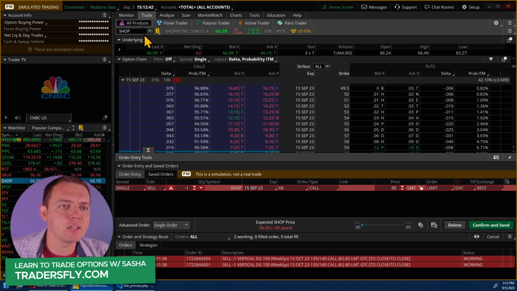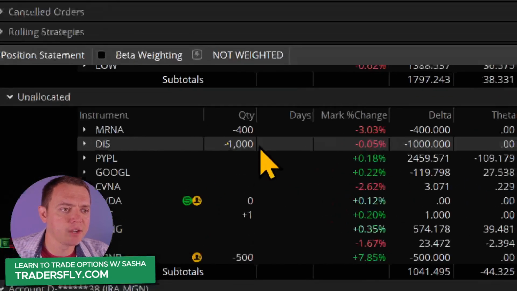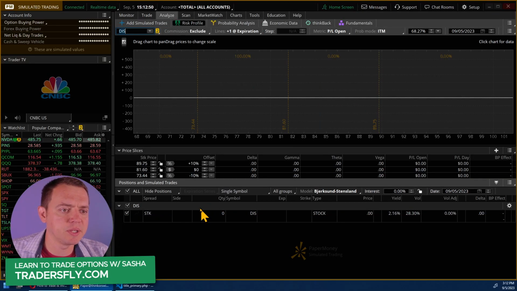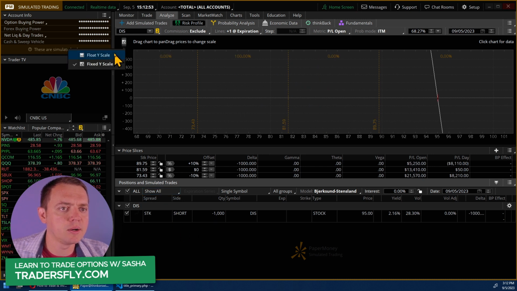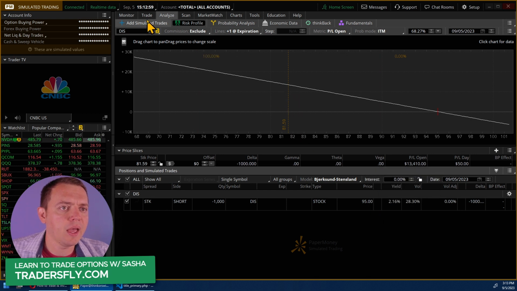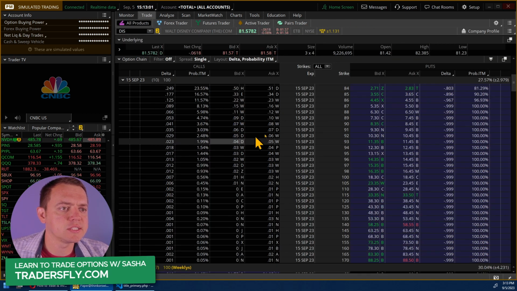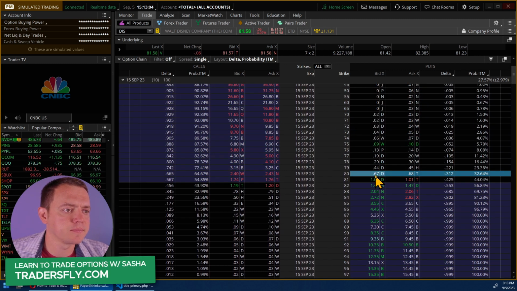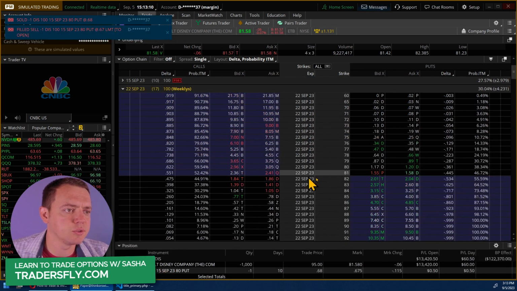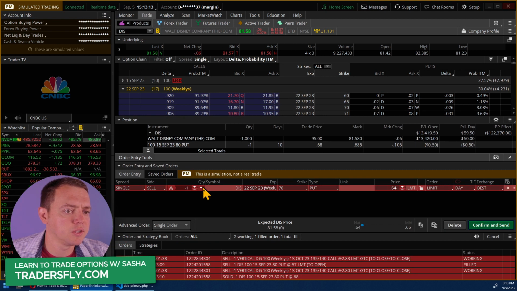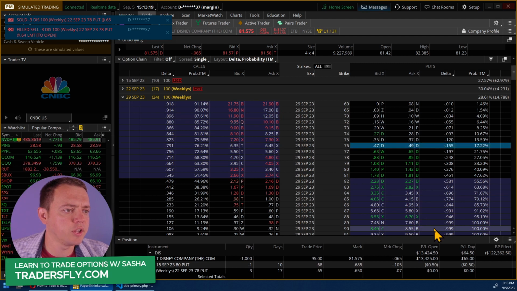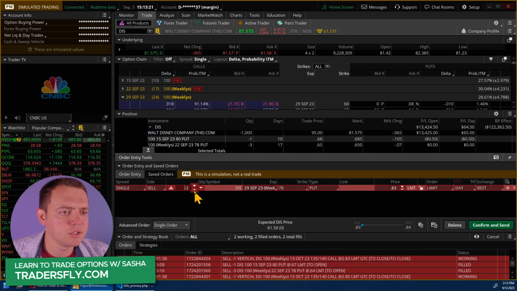When we look at something like I have here, Moderna or Disney, we could do that on these positions right now because I don't have covered puts. In this case, the stock itself just ran to the downside. What we can do now is sell a put over here, and I can sell one of these, and then do the same thing here, maybe 3 of those, and then over here, sell a couple of these, 3 of those.